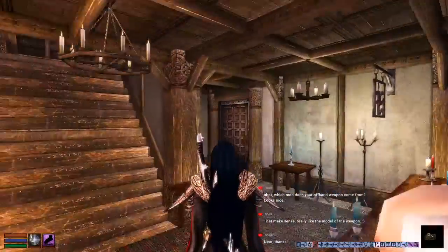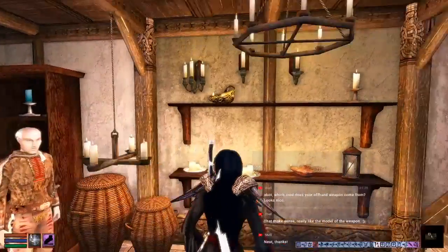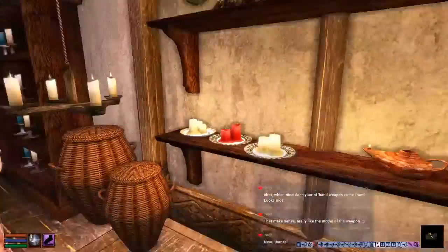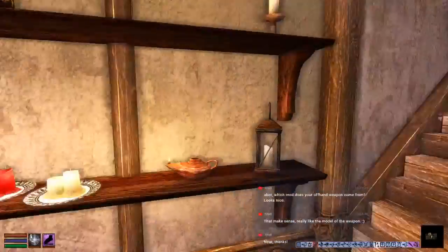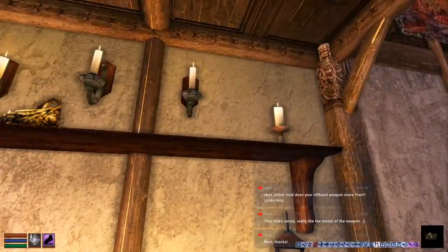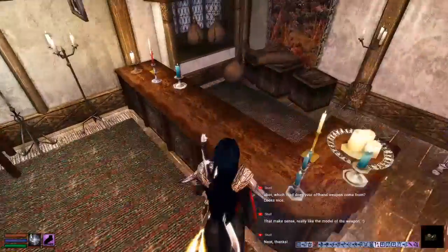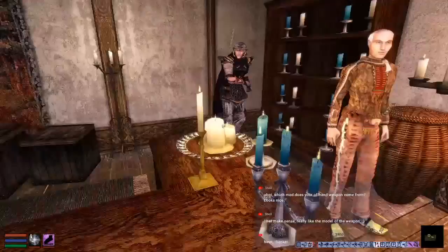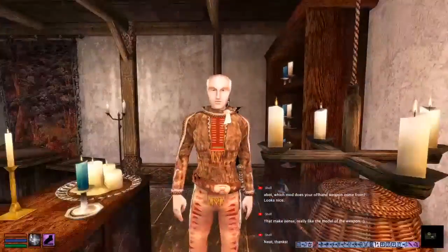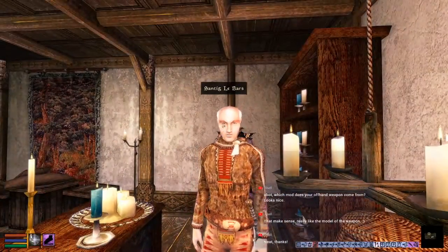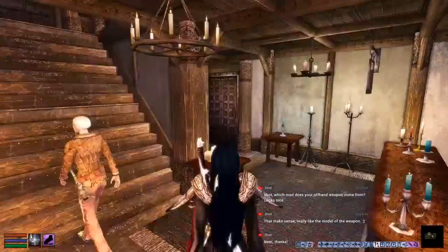Maybe there's too much light here, but it is a candle shop, so we have a lot of candles, and well, it's pretty normal that there's a lot of light compared to standard shops.